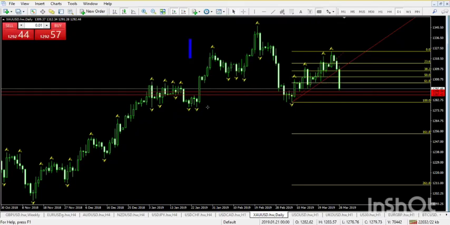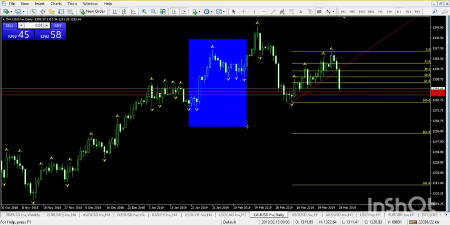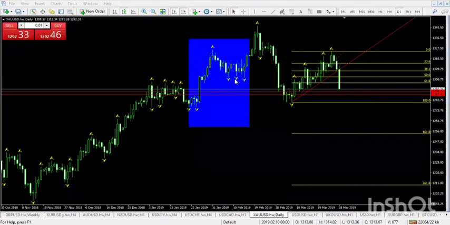So you have to memorize them. You see this here? You have to memorize them. Please draw them on paper. But usually the maximum decline is on the 50 level.